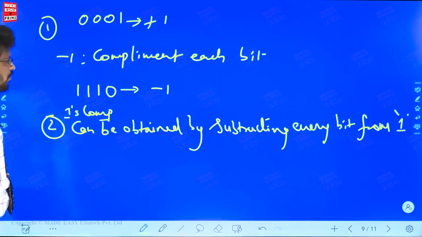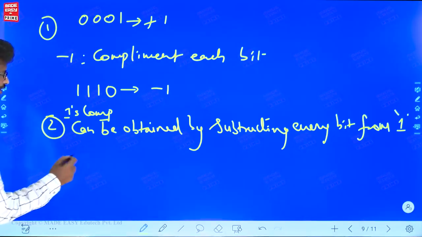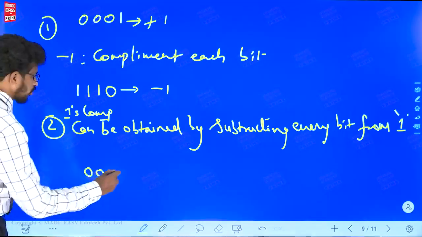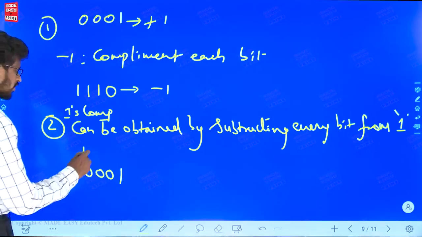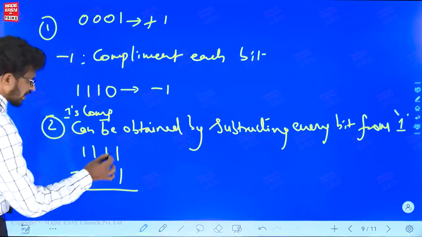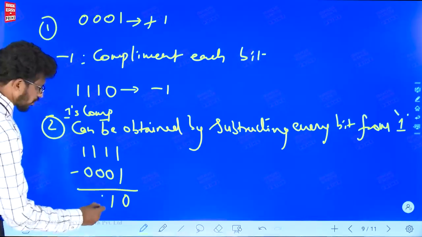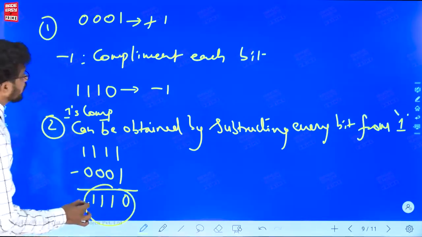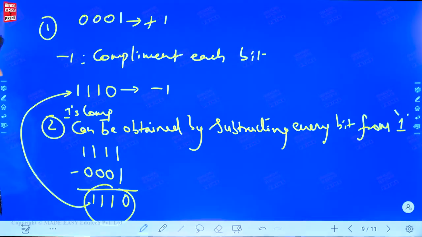So, if we subtract every bit from 1, what value do we get? Very simple, 0001 is the case. I want to find the 1's complement, so subtract every bit from 1. 1 minus 0 is 1, 1 minus 0 is 1, 1 minus 0 is 1, 1 minus 1 is 0. So, 1110. This is the same value which was obtained here.